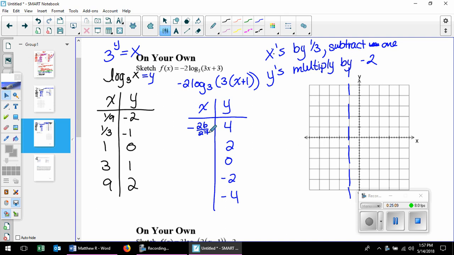Times this by a third, we're going to get 1/9. Subtract 1, that's going to be negative 8/9. 1 times by a third is a third. A third minus 1 is going to be negative 2/3. 3 times by a third, thank goodness we're getting into real numbers now, is 1. 1 minus 1 is 0. 9 times by a third is 3. 3 subtract 1 is 2.